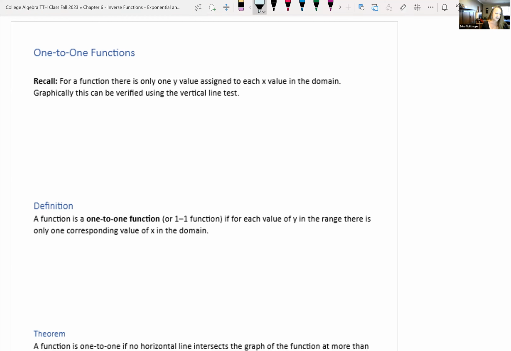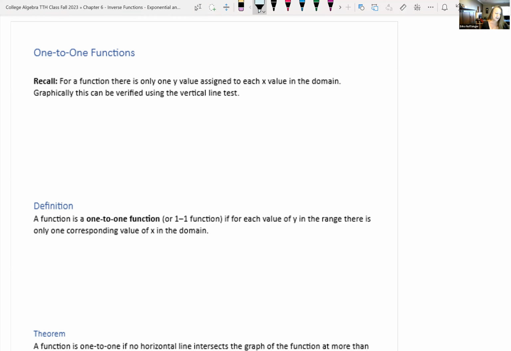To be a one-to-one function, it holds a little stronger. A function is one-to-one, and we usually denote this by 1-1, if for each y value in the range, there is only one corresponding x value in the domain.